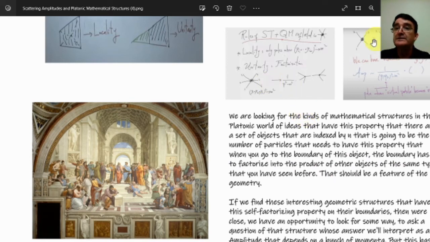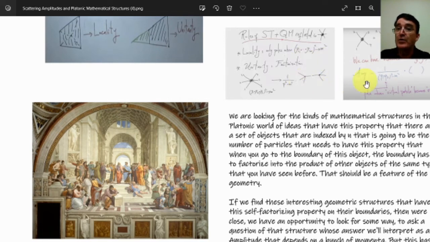So that's what I was indicating before. We have a scattering process indicated by this shape here, where m is the internal particle, and when m goes to the boundary of the shape, then we get this factor.